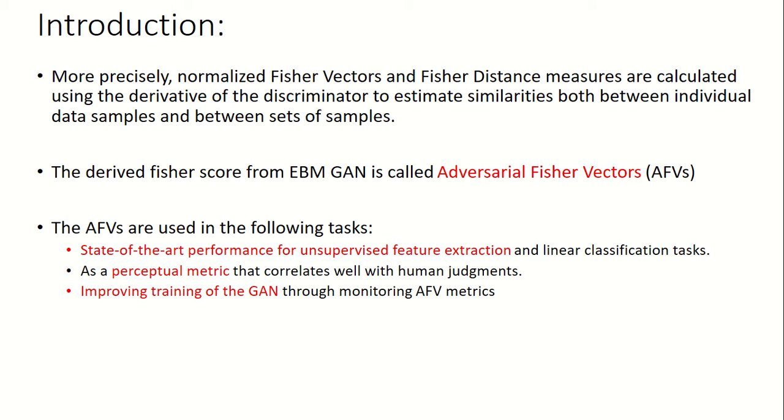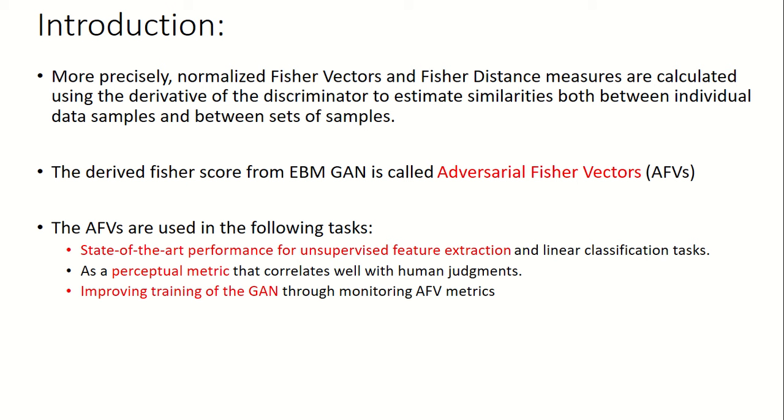They show that these adversarial Fisher vectors are state of the art for unsupervised feature extraction and linear classification tasks. They also show that they are good perceptual metrics, which means that they correlate well with human judgments, so they can be used as a good tool for image search, image retrieval, and similar tasks.